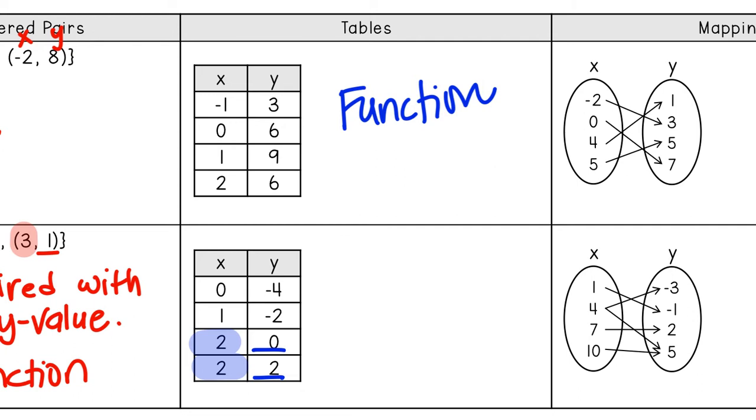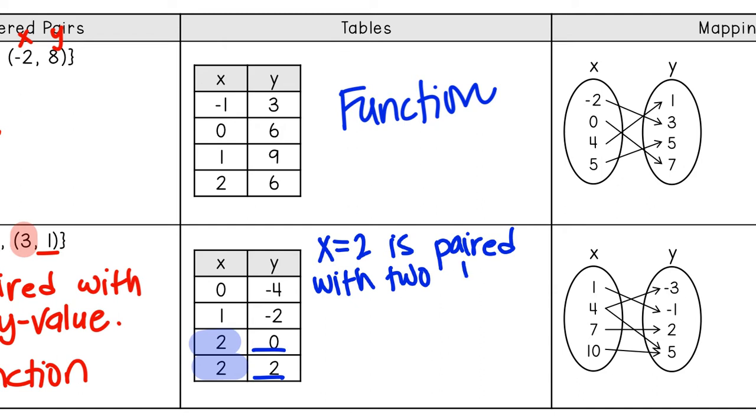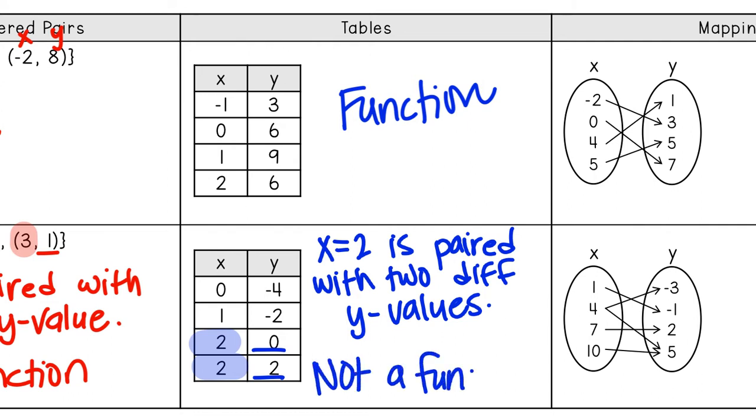Same as the pairs before, x equals 2 is paired with two different y values. The definition of a function is every x only has one y. This one has two y's, therefore this one is not a function.